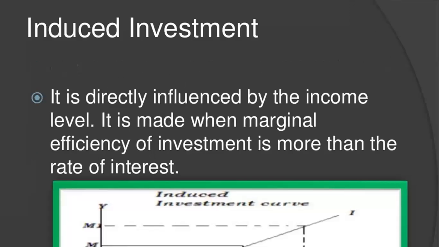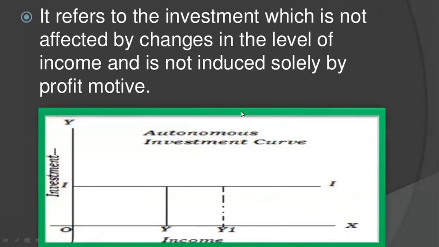What is meant by induced investment? Induced investment refers to the investment which depends on profit expectations and is directly influenced by the income level. It is income elastic, that is, it increases with an increase in income, and vice versa.